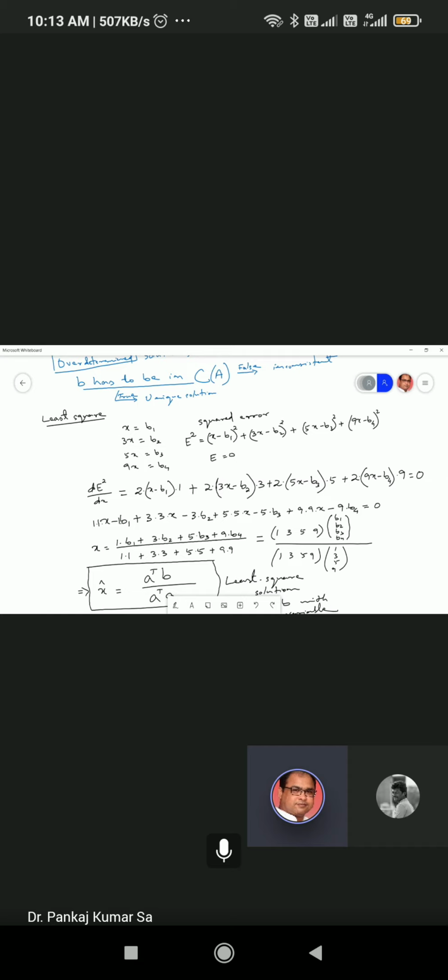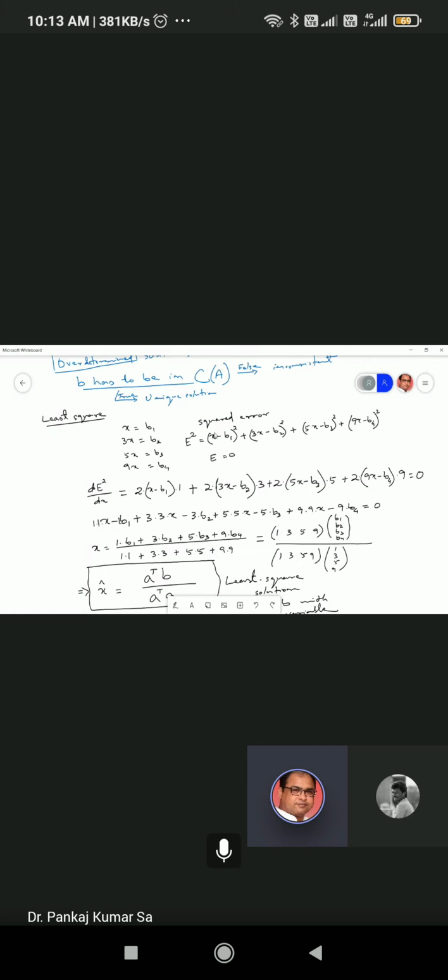If we consider all those points, let us take some sample points like x equal to b1, 3x equal to b2, like that. What is the best thing that we can do?